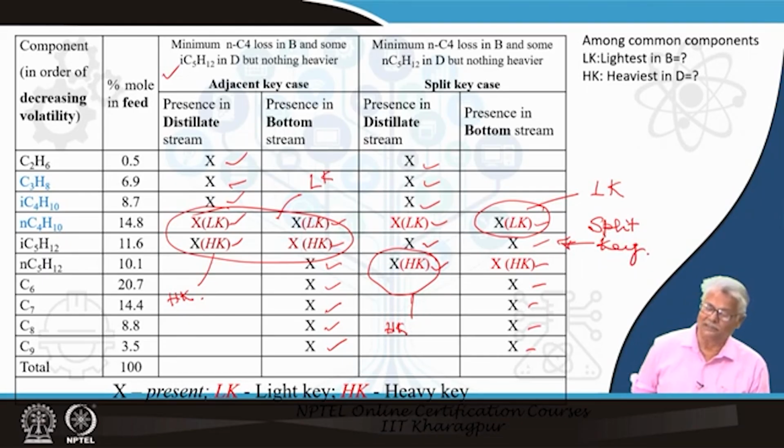Naturally, all key components will be present in both distillate as well as the bottoms. The light key and the heavy key will be the extreme ones, and the split key will be present in both as well. Normally, the split key is considered to be distributed between the distillate and the bottoms according to their volatility, and this we will see later on when we come to the calculations.